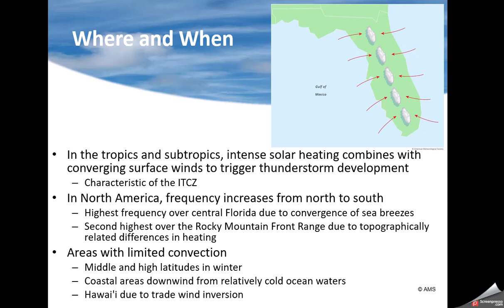We learned about the trade wind inversion a little bit when we talked about the planetary scale. Where the Hawaiian Islands are located, there is that inversion that prevents the air from rising very quickly, very far. So yes, there are showers all around Hawaii all the time, but they don't rise high enough to make thunder.